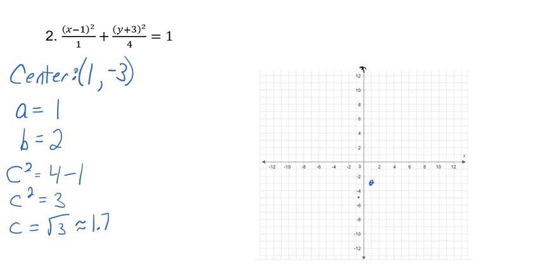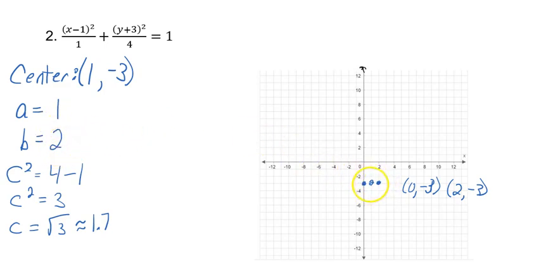If I were asked to find those vertices, which have disappeared on me, I would be at 0, negative 3 and at 2, negative 3. Those would be the 2 points on the minor axis. I know it's the minor axis because B is bigger.